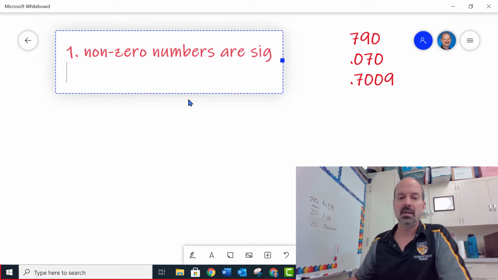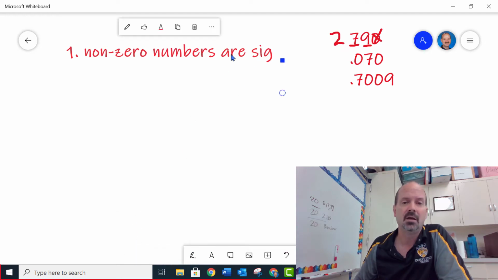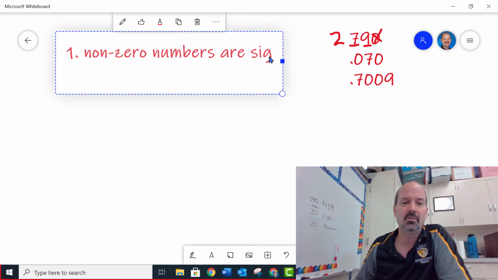So where would that apply? If you take a look over here, that's this one right here, the 7 and the 9. Those are not zero. And this 0 over here actually doesn't count. So this number, 790, would have two significant digits. So that's kind of a first idea. Most people get that part already.